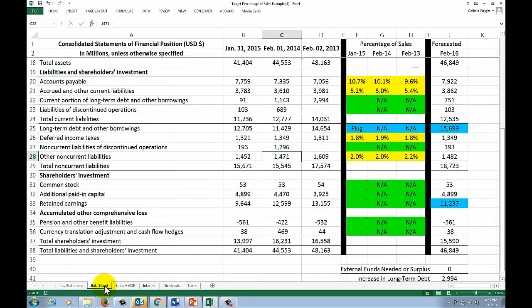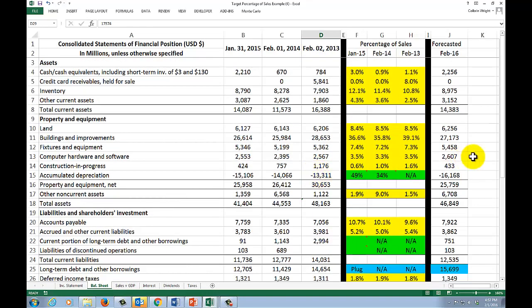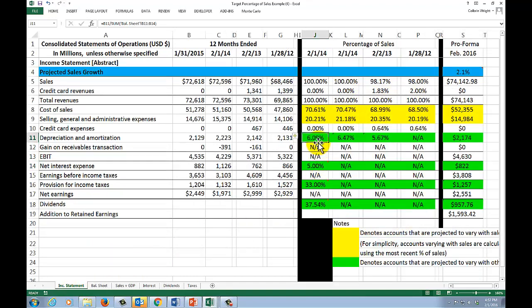I'm going to come to the balance sheet and look at our forecast for assets excluding land. I'm going to add up my gross fixed assets, again excluding land. I'm going to take that number and multiply it by this percentage, 6.09%, which again represents in the previous year what depreciation and amortization was as a percentage of gross fixed assets.